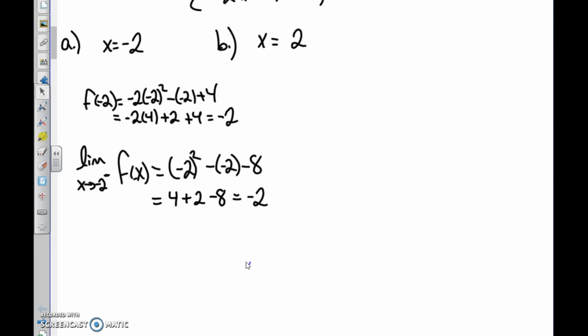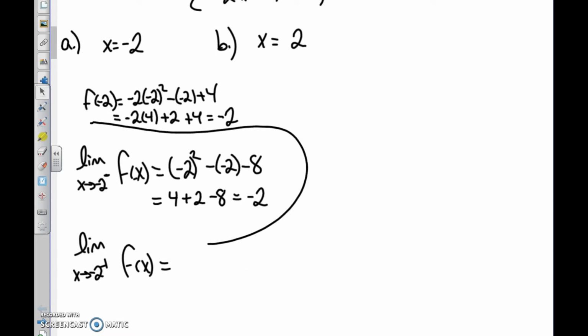Now I need to check the right-hand limit. Well, the right-hand limit is nothing more than what we've already evaluated for this function to be defined as. So I'm just going to carry it all the way down here, which we found is negative 2. So as I can see, my left-hand limit is equal to my right-hand limit. And since that is true, then the limit exists.